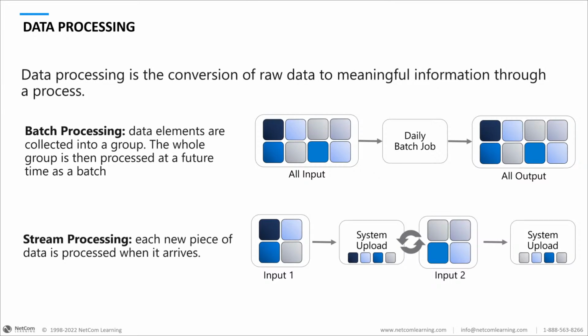Because of the fact that we have all of this data, the data that we have is going to break down into two streams that we can actually convert this data to information that is usable by some user to do whatever it is that they're trying to do through a process, okay? So there are two sort of levels of data processing that we have. One is called batch processing, and one is called stream processing.